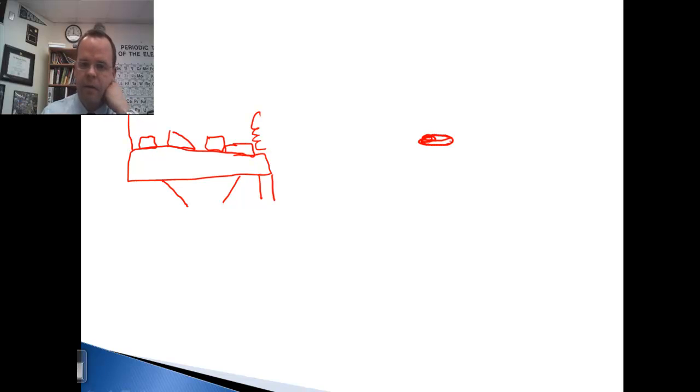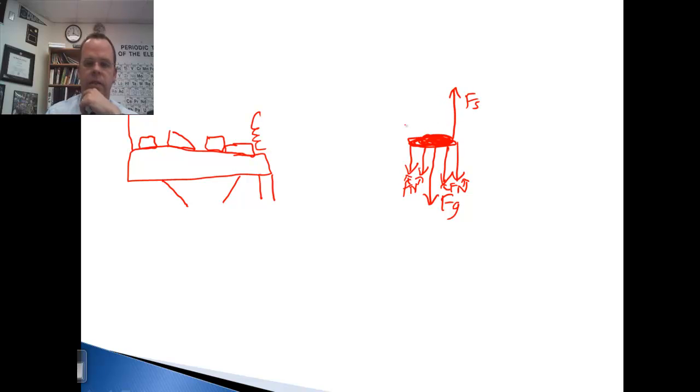So I'm going to start. I'm going to make a really big dot here so we can clearly see all the different forces. We're going to have the force of gravity going down. Next, are there any objects touching it? Well, we have the 4 objects touching, so I'm going to have 4 normal forces. All 4 of these are normal forces. I've got a spring, so I'm going to have a spring force.